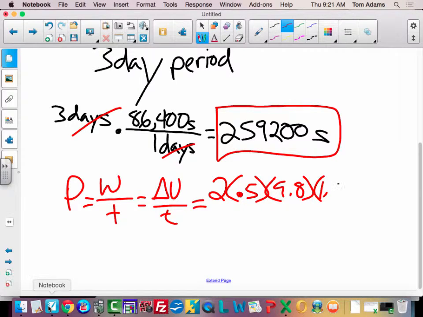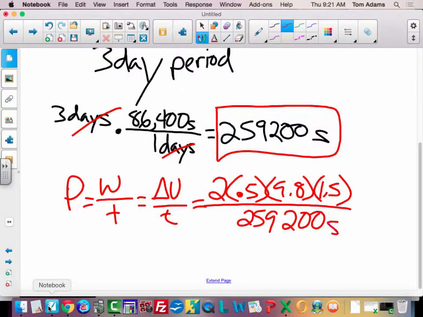That was 1.5 meters, all over 259,200 seconds. For the 0.5, wouldn't that be 1? Well, we're multiplying it by 2. Oh, okay. Yeah, this is how the textbook has it. You could just combine them together and call it 1 if you want to.